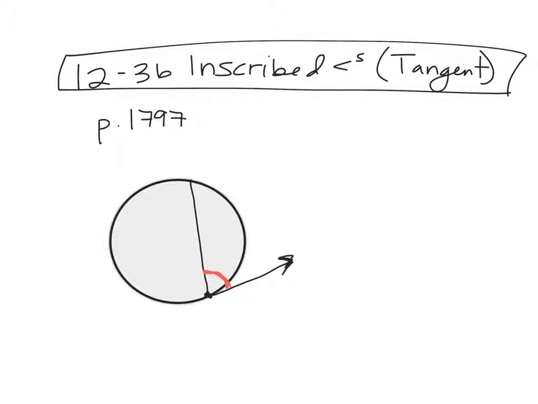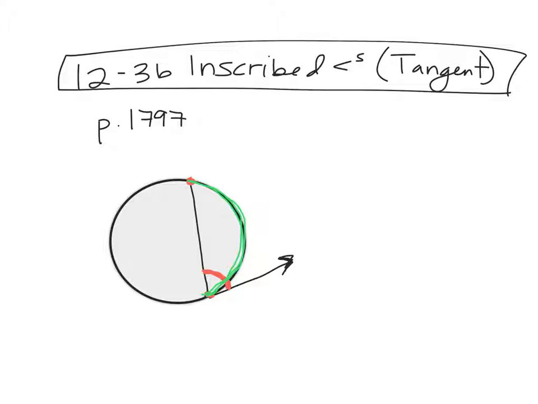Where I think people have a little bit of trouble is figuring out what the intercepted arc is, because the arc goes all the way to the point, right? So this point right here and this point right here are where it hits our circle. So your intercepted arc for this angle is this. Okay, it goes all the way to the vertex of the angle.